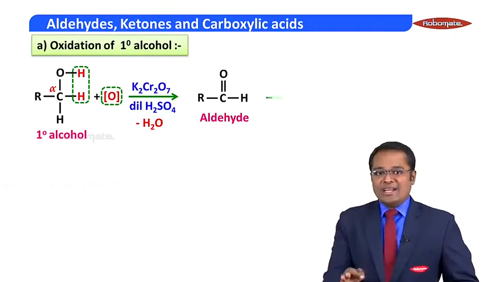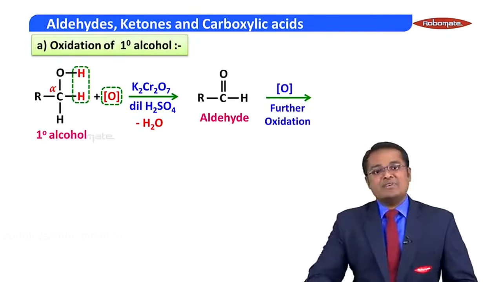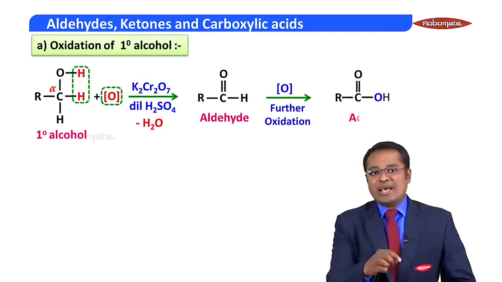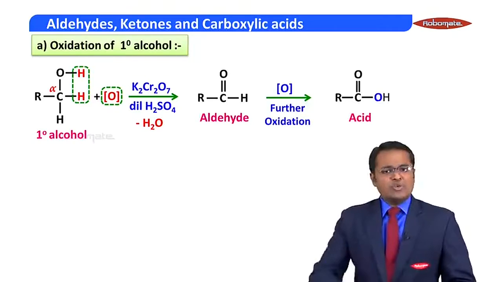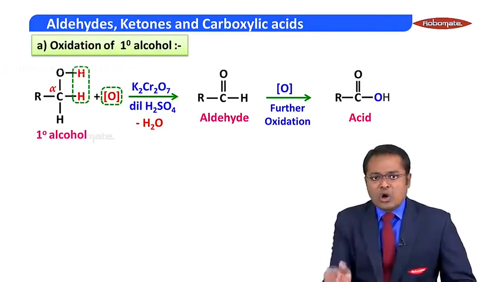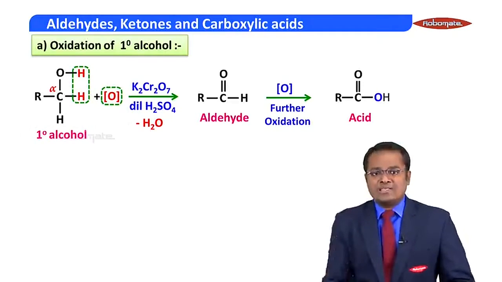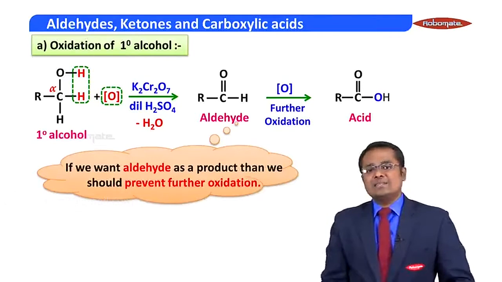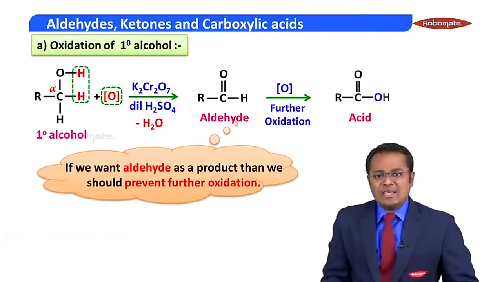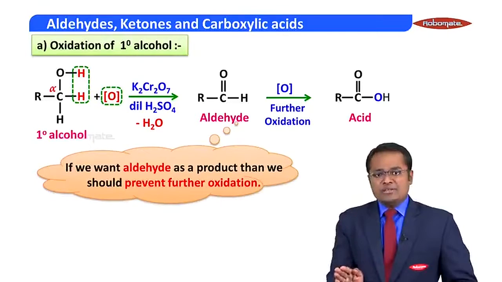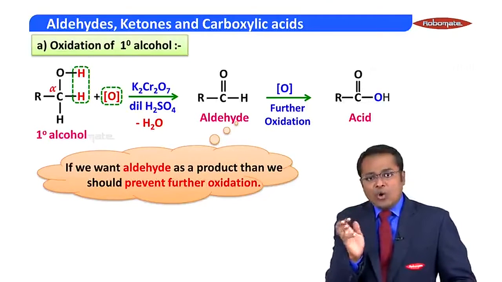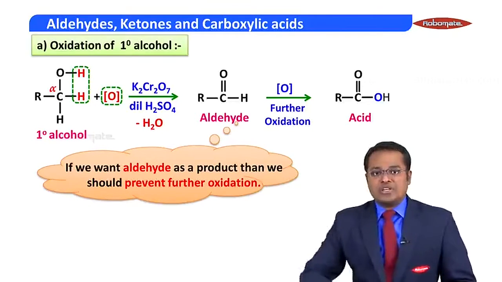But aldehydes get easily oxidized further to a carboxylic acid. Now students, if we want to stop the reaction at the aldehyde stage, we can do it very easily. How to prevent further oxidation?